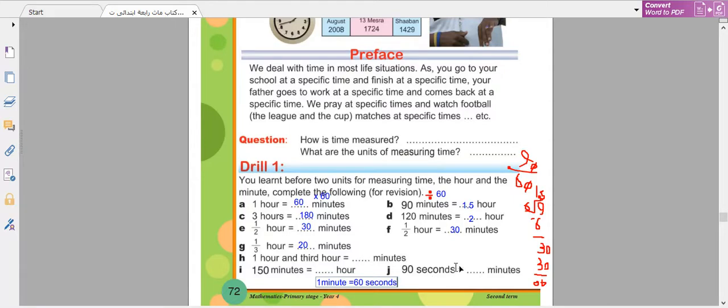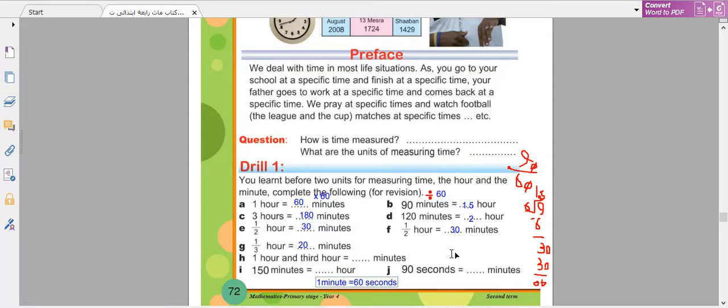So if we want to change from seconds to minutes, what operation will we use? Multiplication or division? We agreed that when we change from a greater unit to a smaller unit, we use multiplication.